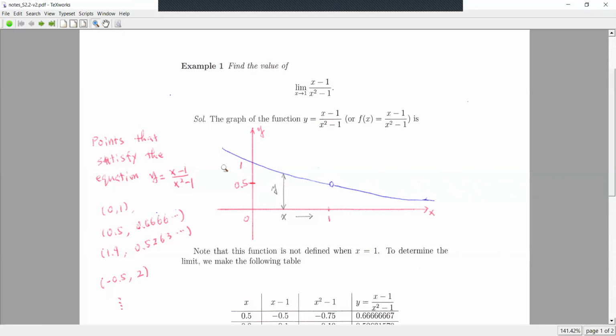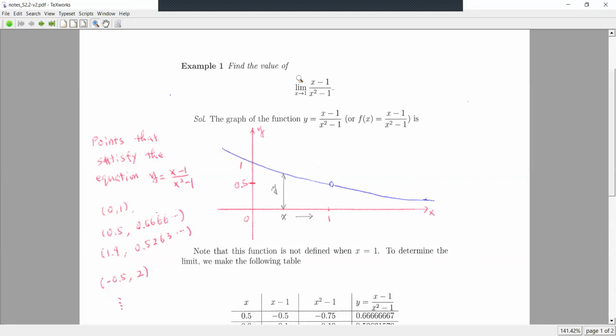At each point of the graph, say at this point, the height of the point is the value of y, or the value of the function. So the height of a point on the graph is the function value at the point.